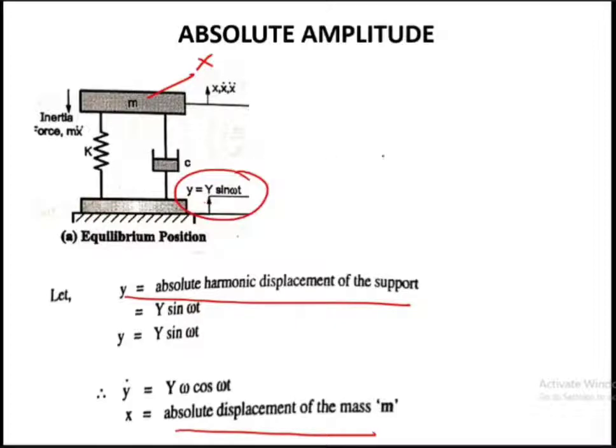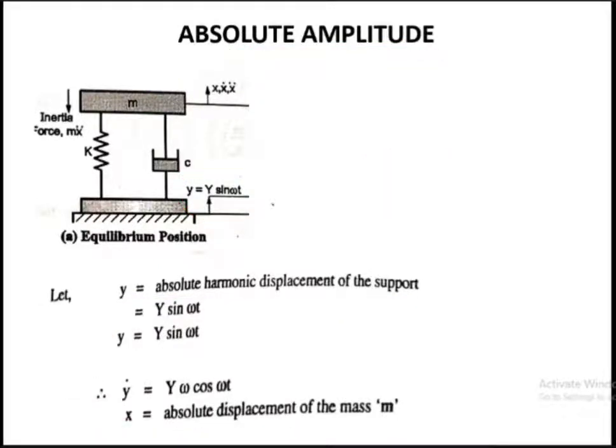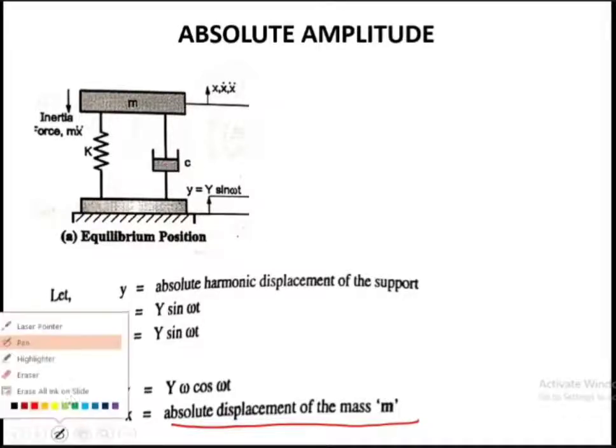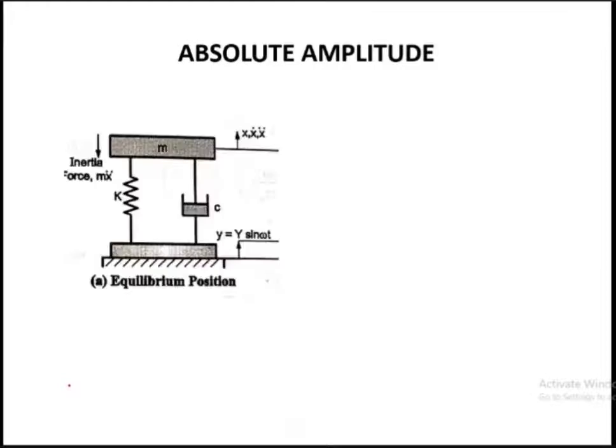Okay, so try to understand that both X and Y are nothing but the absolute amplitude. They are not a relative amplitude, they are with respect to the fixed coordinates, right? So now let us say that this x is nothing but a small linear absolute displacement of the mass m. Okay, I hope it is clear to all of you. Now let's move forward.